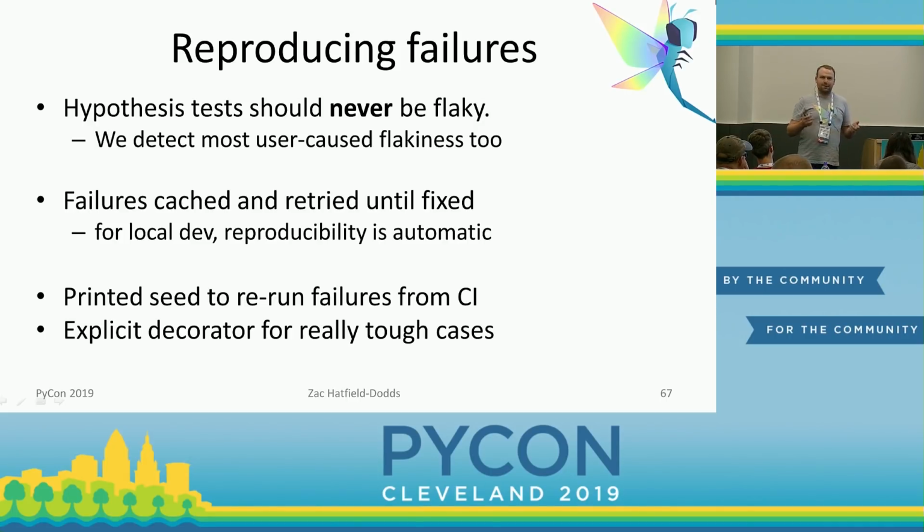So you can simply run it locally with the same seed, you should get the same bug, and after that it will be in your local cache. And if all else fails, there's a setting for print blob, which will actually dump a base64 encoded version of that cache data, and then you can put that in as a decorator, reproduce it, and get on with your day. That one gets kind of ugly, but it's a lot less ugly than having to debug something that only happened on a remote server once.